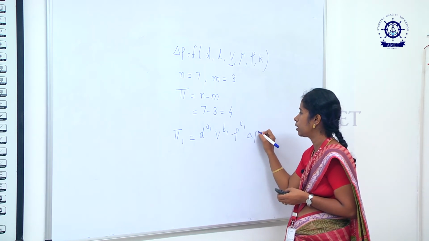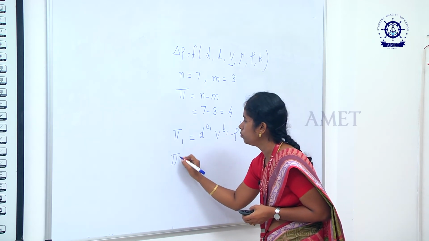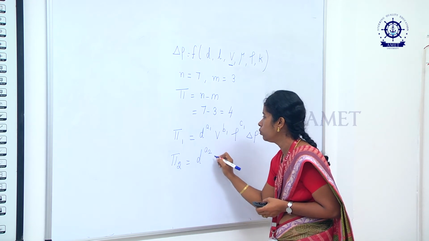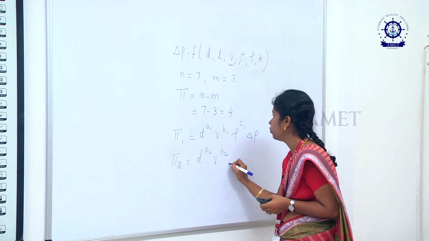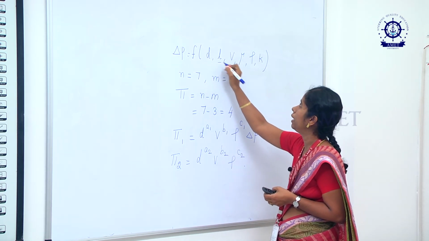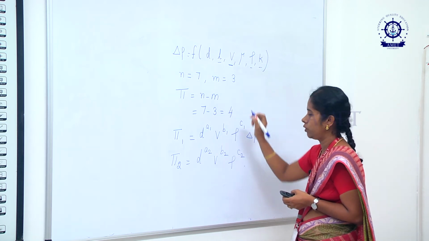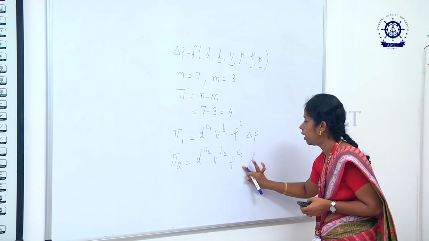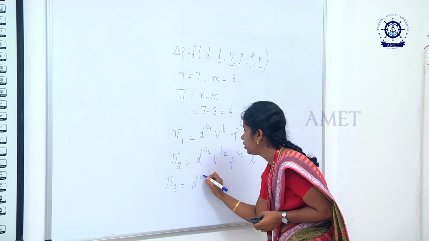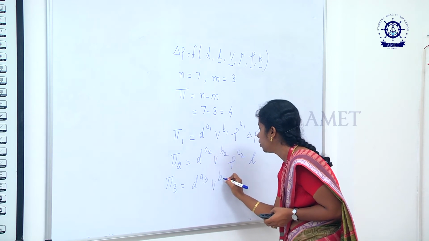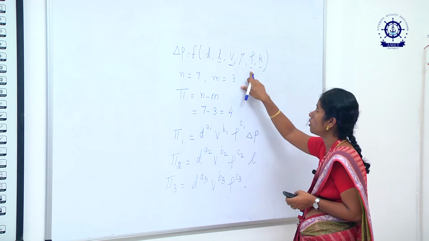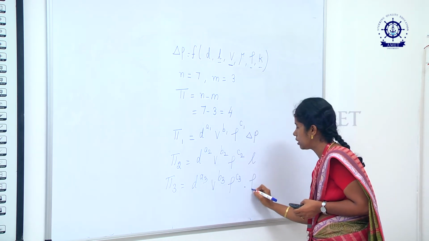So, into delta P. Next, the pi 2 term should have the same thing, d power A2, V power B2, rho power C2 into, we did not still use length, viscosity and roughness. So, I am using into L. The next pi term, pi 3, will be d power A3, V power B3, rho power C3 into the property I have left, viscosity.